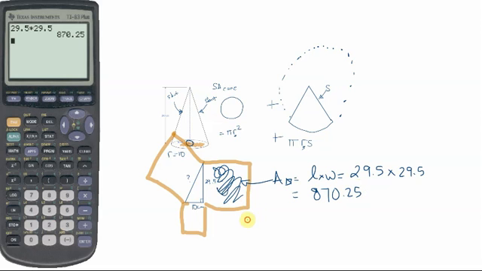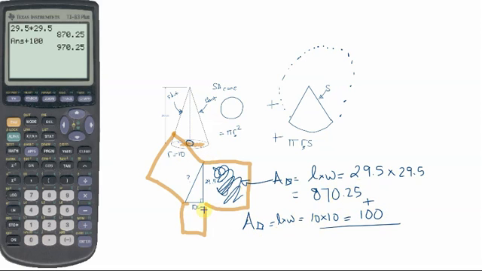Now the area of this square, again, is going to be length times width, which is equal to 10 by 10, which hopefully you recognize is 100. Okay, if we were to add these two together, 870.25 plus 100, hopefully you can do that mentally.